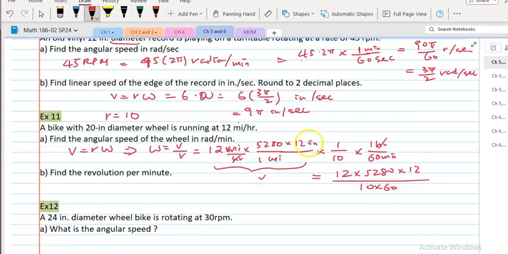And all in all, the miles cancel, and it will be inches. Inches and inches cancel, because the radius is in inches, and we get radians per minute.